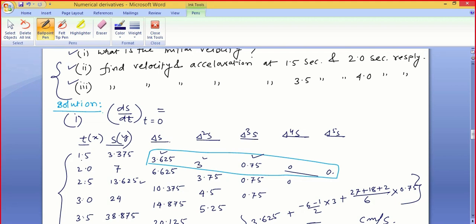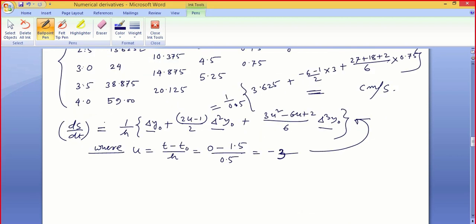So for the second question, you have to calculate ds by dt at initial point 1.5 and d2s by dt2 at initial point. These two things you have to calculate.